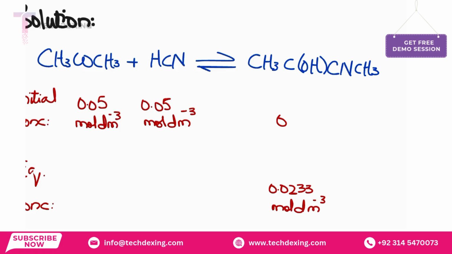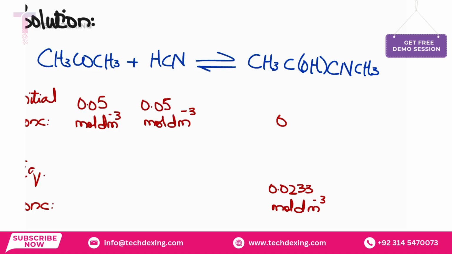So now we have to find out how much of the reactants are present. If you have a look at the stoichiometry of the equation, what is the stoichiometric ratio of the reactants and the products? Is it 2 to 1?